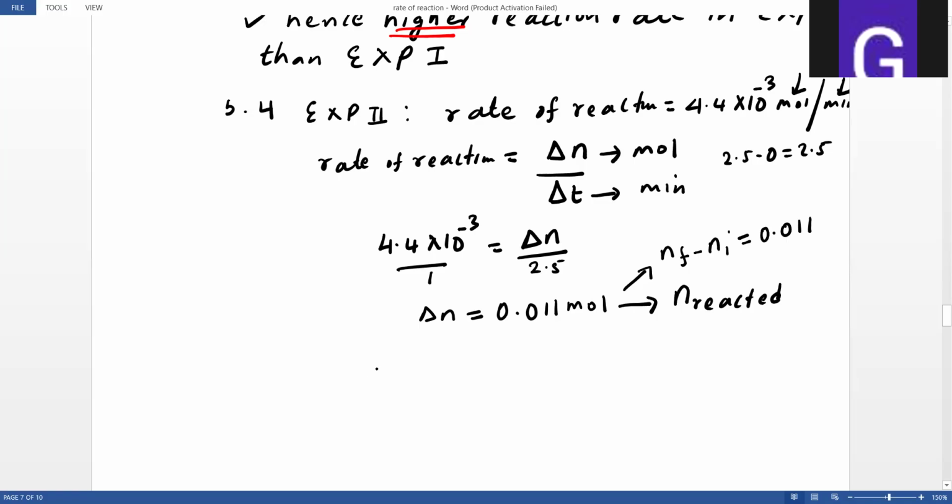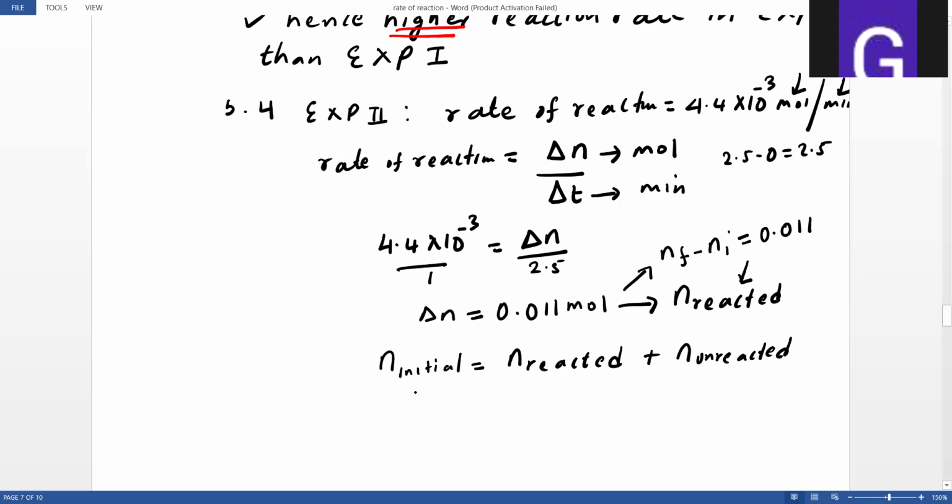We know that the number of mole initial will be the number of mole that has reacted plus the number of mole that is unreacted. So this change in the number of mole is the number of mole that actually reacted.